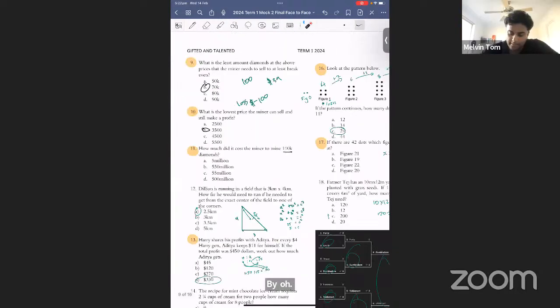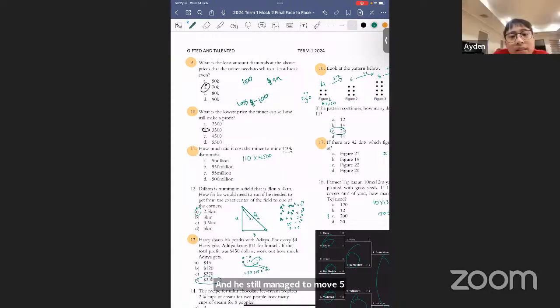Good. So what that means is that, Aiden, the miner sold 110,000 diamonds at a price of $4,500 per diamond, and he still managed to lose $5 million. Okay. Yes. So let's find out how much money he made.